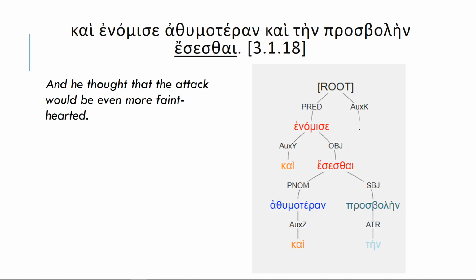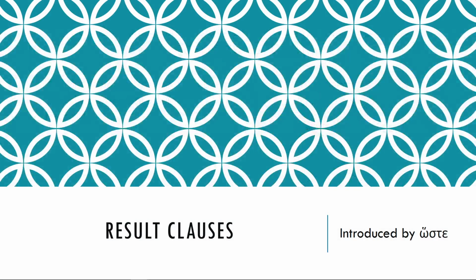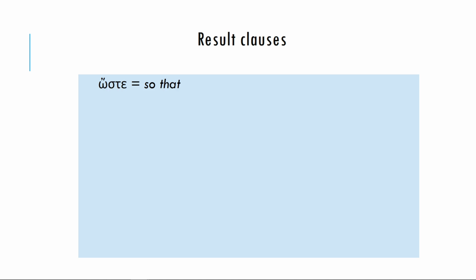How about result clauses? These are the easiest because they are subordinate clauses that don't bother conjugating their verbs. They just throw them into the infinitive. It's quick and easy. Always introduced by hōste. So when you see hōste, you know you're getting a result clause. And the verb is going to be an infinitive.